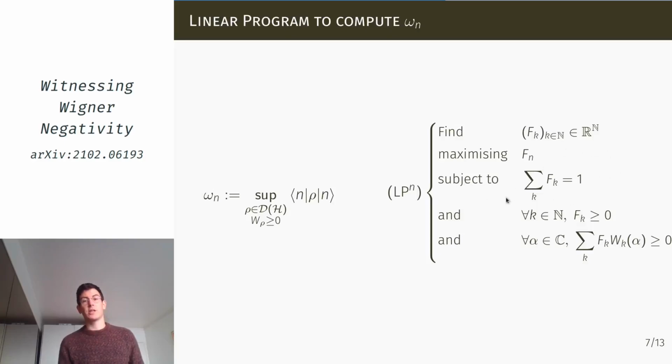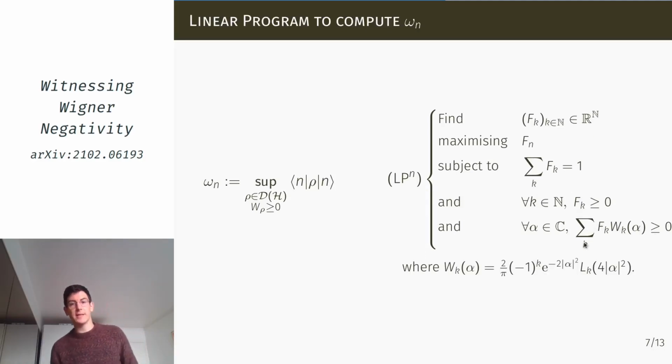Then you have a normalization condition. You require that all F_k are positive. And then you want your Wigner function associated to rho, so by linearity, this becomes the sum of F_k W_k, where W_k is the Wigner function of Fock state k, to be positive. Okay?